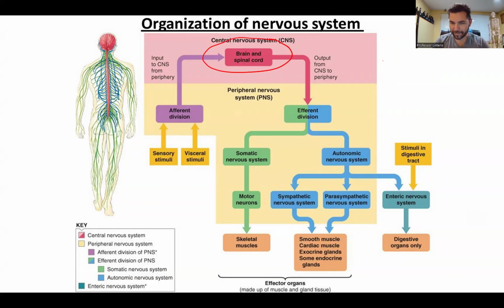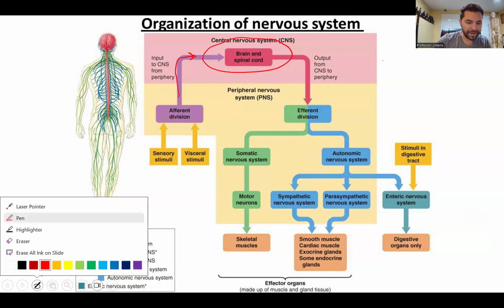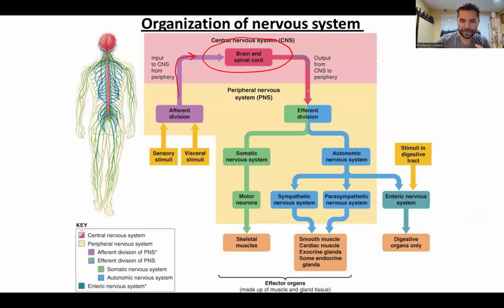There are two things that are happening. There's constant sensory input coming into the brain, and there is constant motor output coming out of the central nervous system. I'll always try to color code these for you.